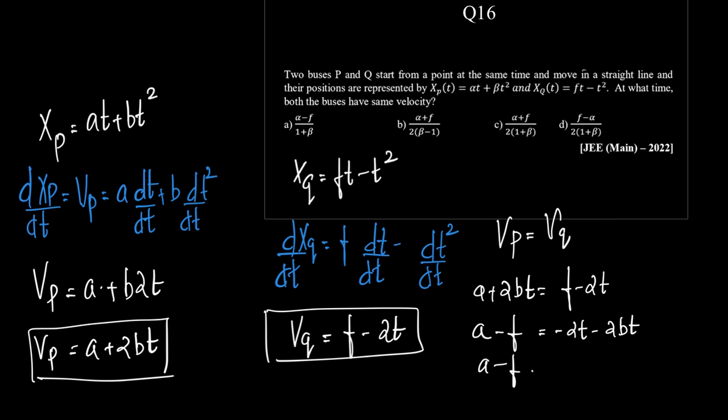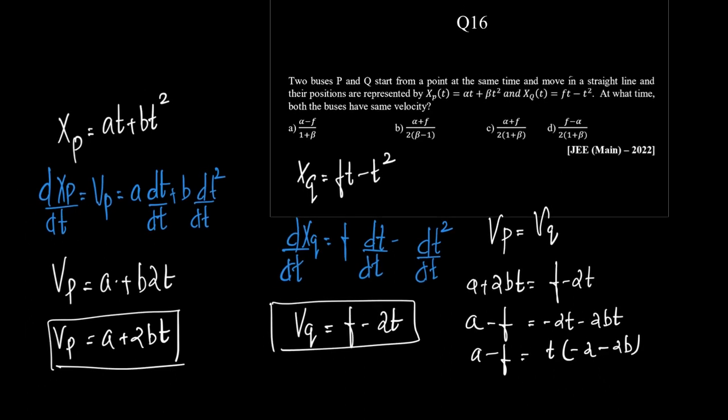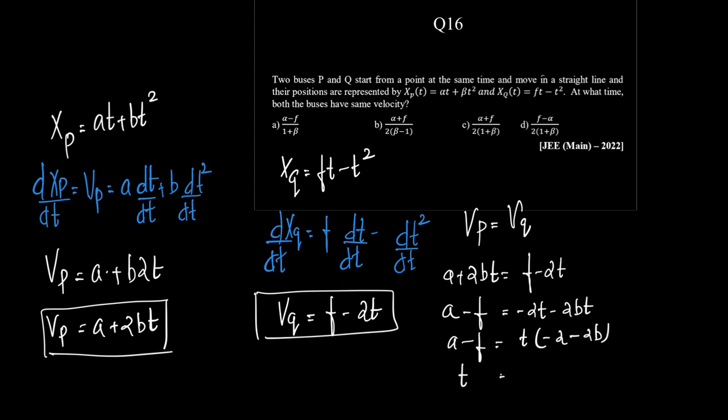So a minus f is equal to t into minus 2 minus 2b, and therefore t is equal to a minus f the whole upon minus 2 minus 2b, or this is equal to f minus a the whole upon 2 plus 2b.